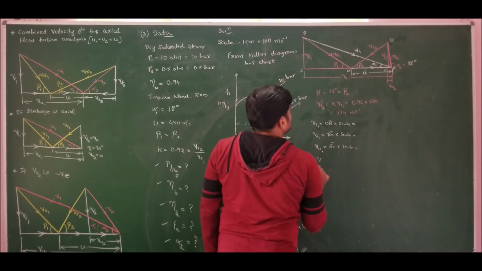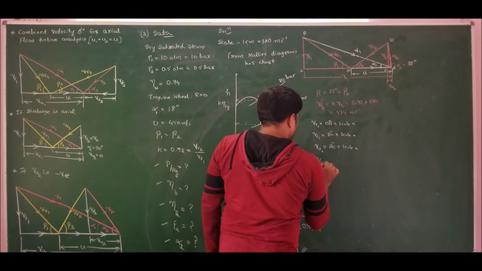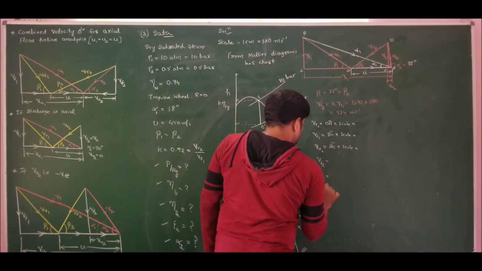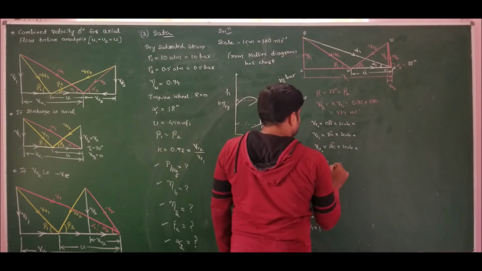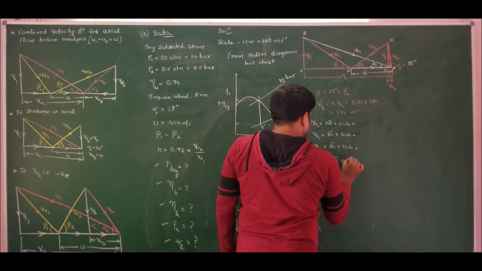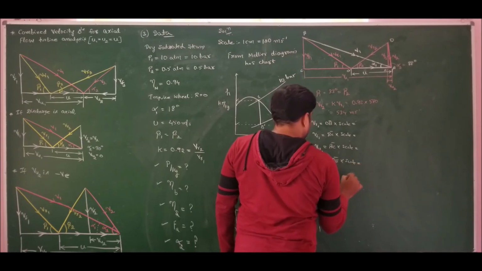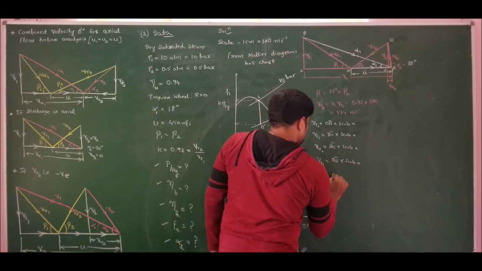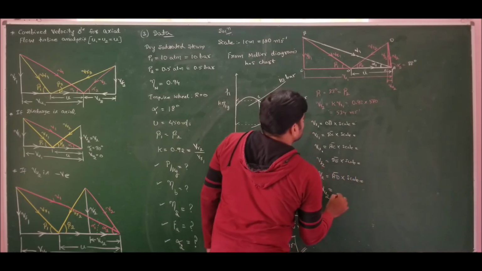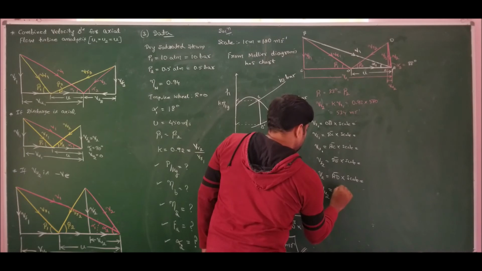Vr2 is known to us. Vf2 is what is required, then we want V2, then we want Vu2. Vf2 is DE into scale, V2 is AD into scale, Vu2 is AE into scale.